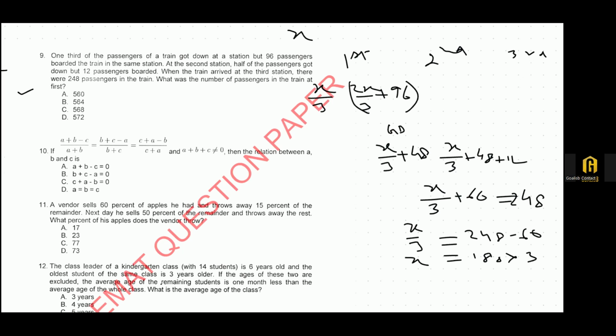So the number of passengers the train had at the first station must be 564. Choice B. Okay, let's move to the next question.